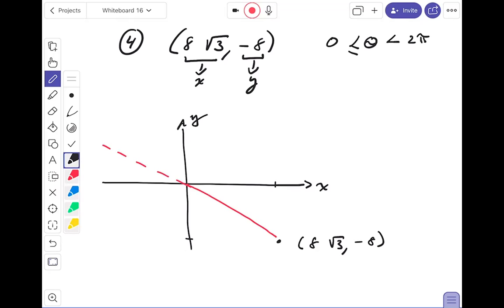All right, the easiest one for me to do is this one right over here. Of course, what I want to do is get the reference angle. I'm looking at that, and it looks sort of familiar to me. I see the root 3 in it, so it's probably related to something I've seen before.